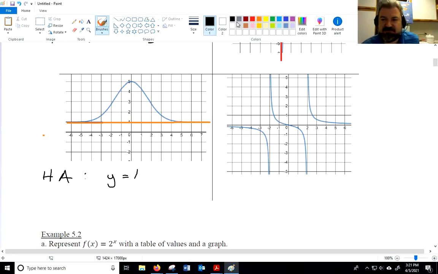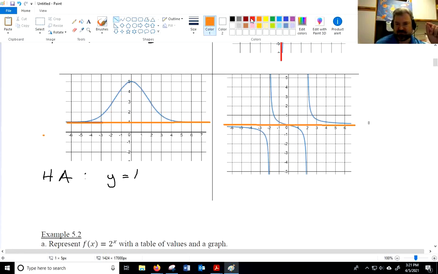All right, this next graph has quite a few asymptotes. We have another horizontal asymptote at y equals 0. You'll note that this asymptote is actually crossed. That is actually okay on horizontal asymptotes. We won't see this in this unit, but we will see it in the next unit.